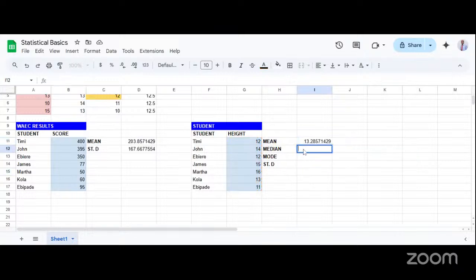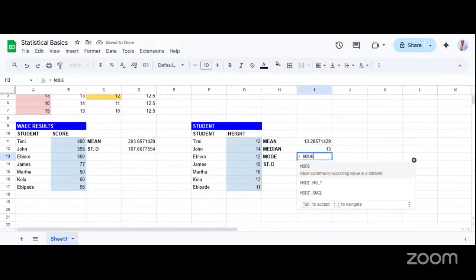Then for median, the function is median, G11 to G17. Then for mode, the function in the digital tool is still mode, G11 to G17.